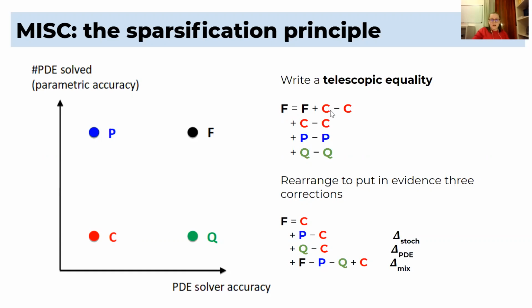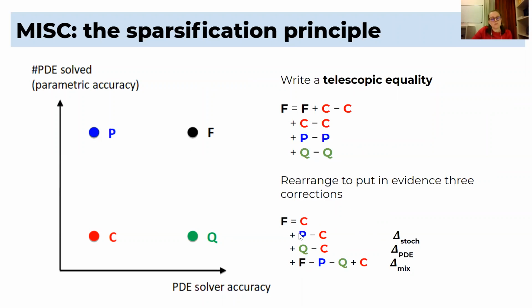We basically add and subtract these C, Q, and P here. And then if we rearrange them, we get an interesting thing. We could combine P with the minus C, Q with the minus C, then we have one C left alone, and then F, P, Q, and C.